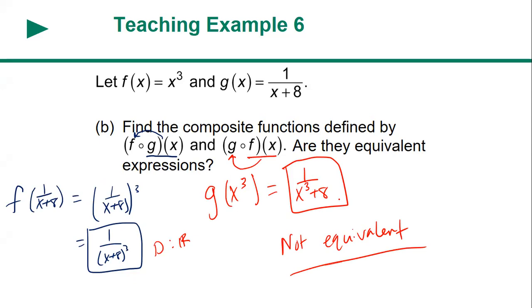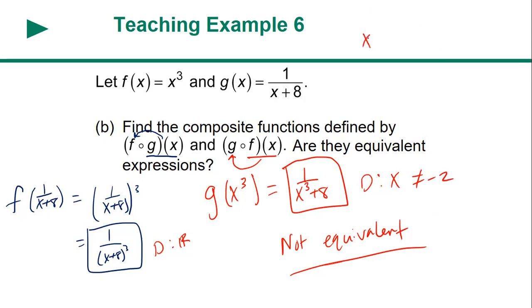Looking at this one, the domain here, is there anything that would make this equal to 0 in the denominator? -2. -2 to the third is -8, and -8 plus 8 is what? 0. So for this one, X cannot equal -2.